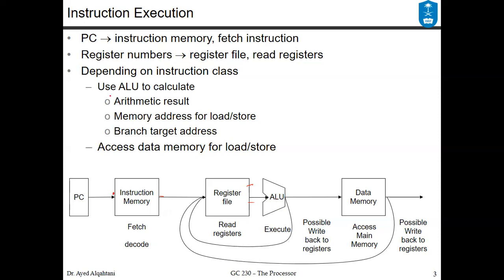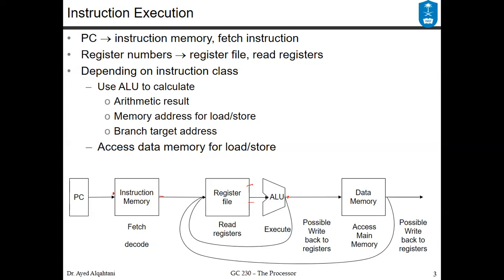Now, it depends on the instruction itself. Some of the instructions use the ALU to calculate the arithmetic result, and those are most of the R-type instructions, like add, subtract, and, or, and so on. They just execute. They read the two registers from the register file, do the operation of the instruction, and supply us with the result at the output of the ALU.